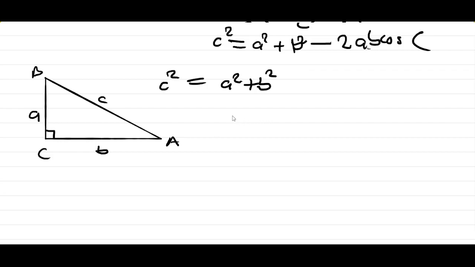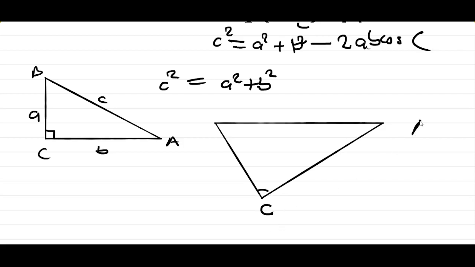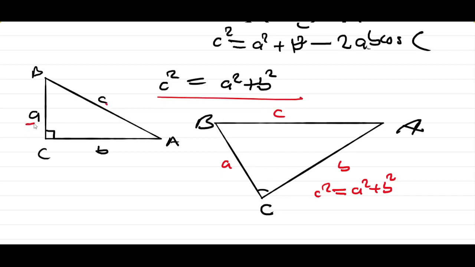On the other hand, suppose the angle here is not 90, but something else, and this is C, this is A, and this is B. Then for this case, C squared would be equal to A squared plus B squared, just like the Pythagoras theorem.